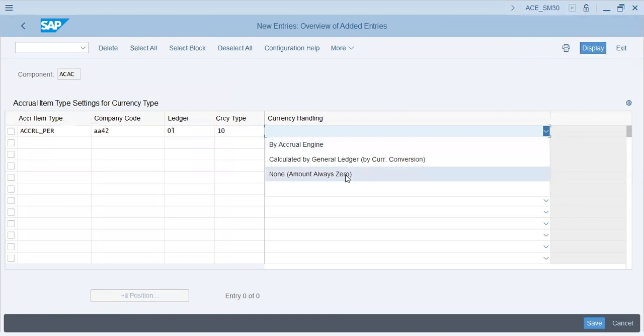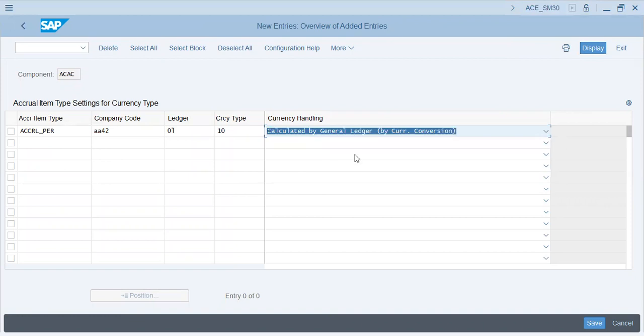Currency conversion none always, an amount always zero by accrual engine, which one? Or general ledger. Okay. Currency handling, one entry chosen, save.